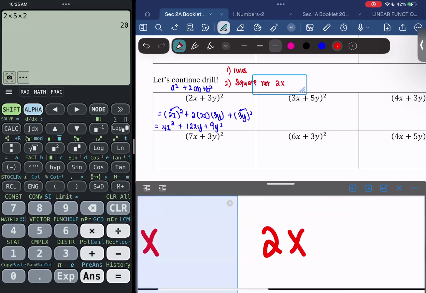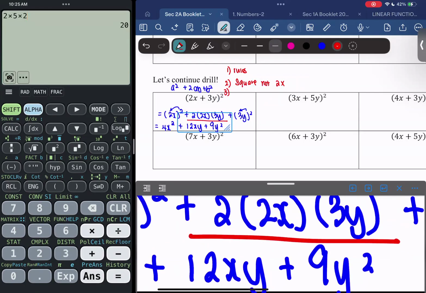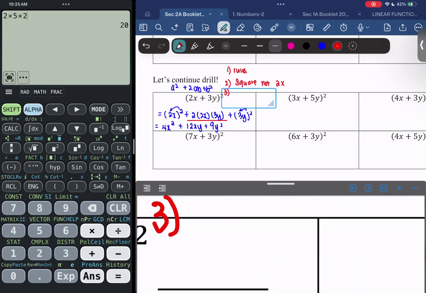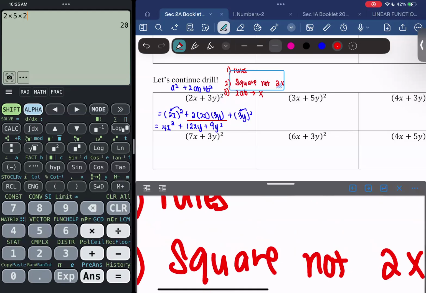Number 3, only in the middle is it a times, the 2ab. But the 2 at the side is a square.